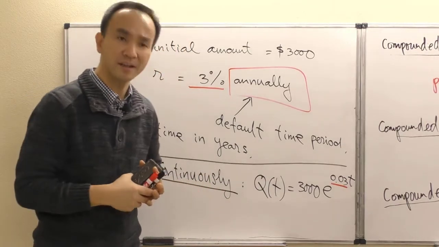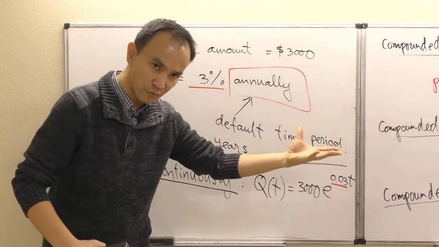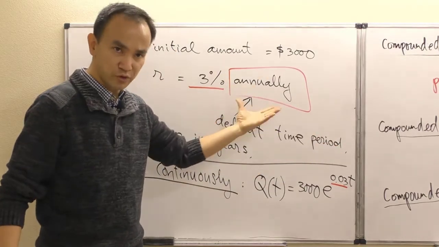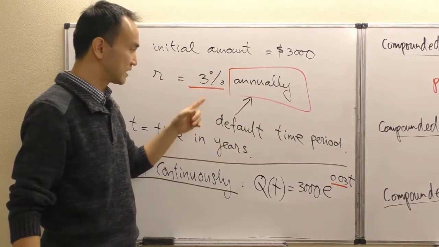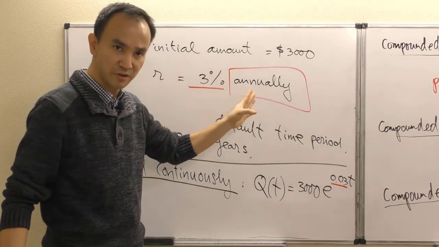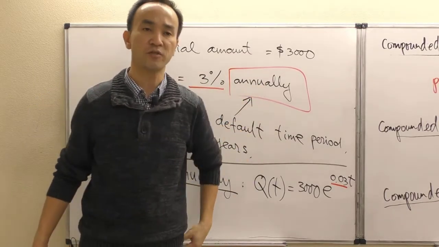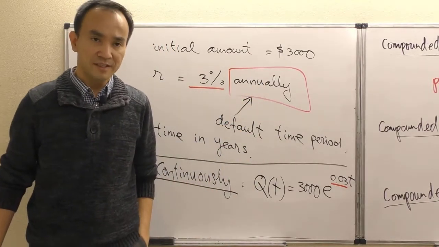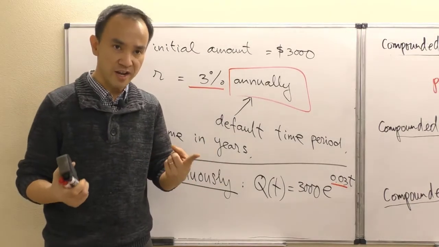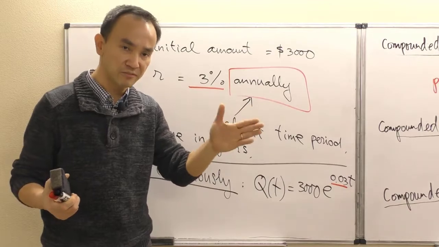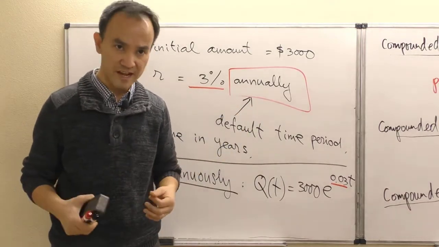Admittedly, in a lot of real life problems when it comes to financial math, a big percentage of the time the interest rate is given in default time periods being yearly, being annually. But there are still exceptions out there. There are short-term loans where the interest rate is stated in terms of per month or per week. It happens that way too.